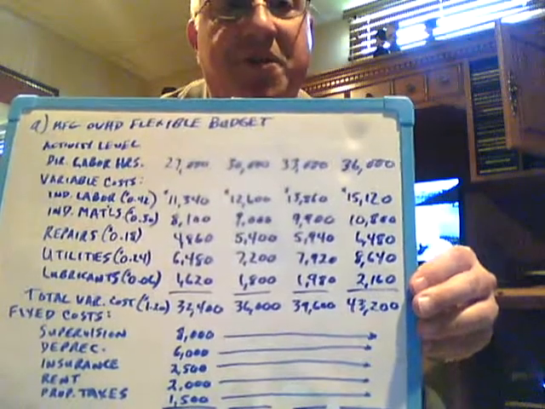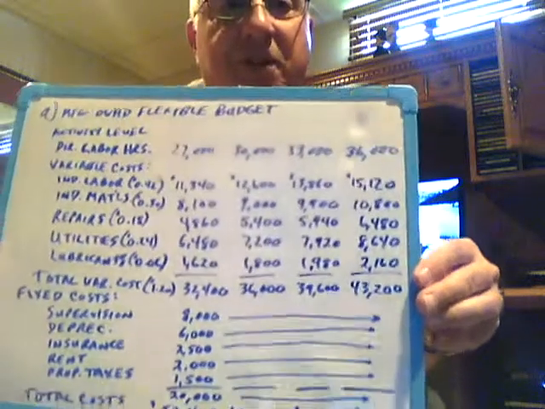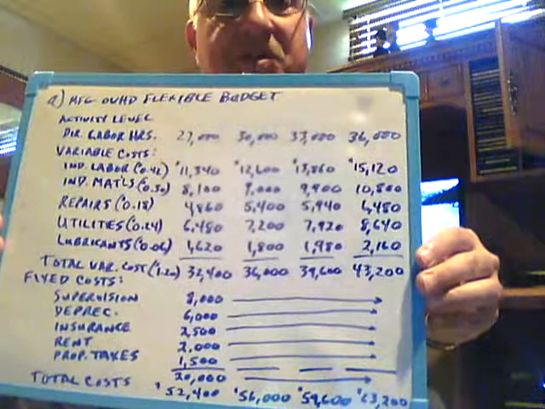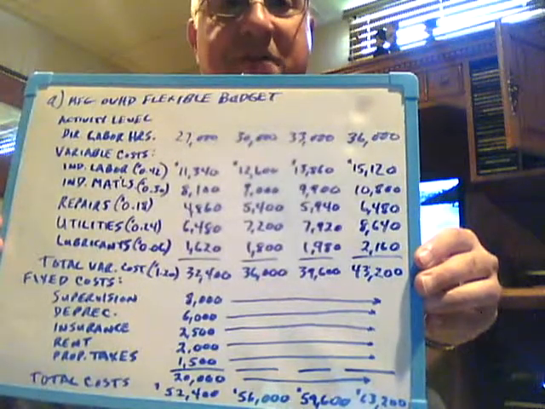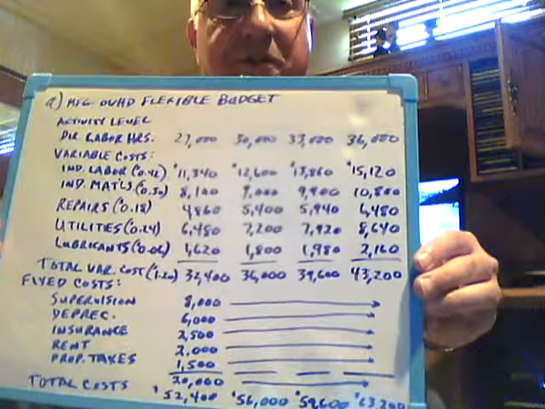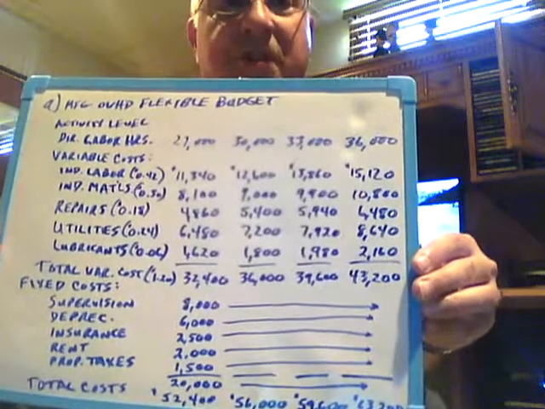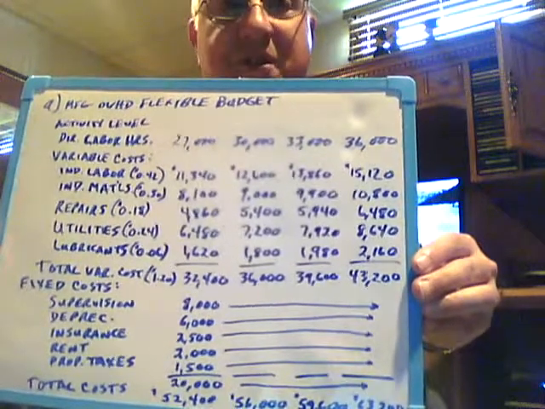Now, on the fixed cost end of it, we're given a bunch of annual fixed costs. So really all we need to do with these is to take each one and divide it by 12, and there's your monthly cost. And since they're fixed, they're not going to change over the relevant range of production, which we can assume this entire range here is relevant.